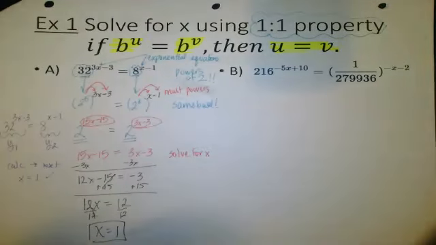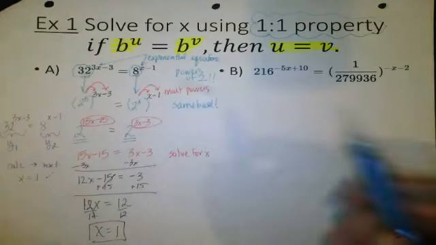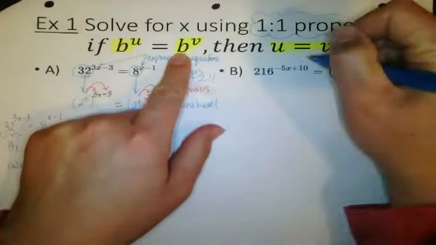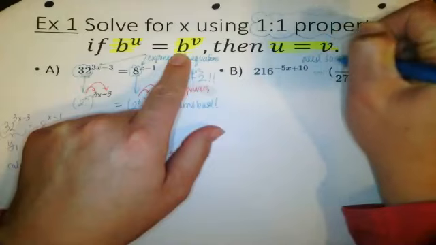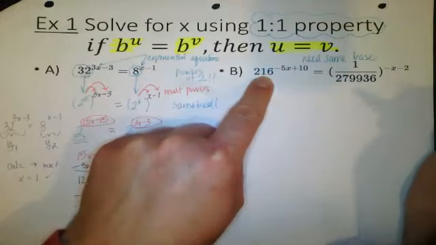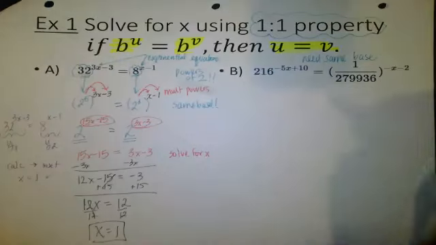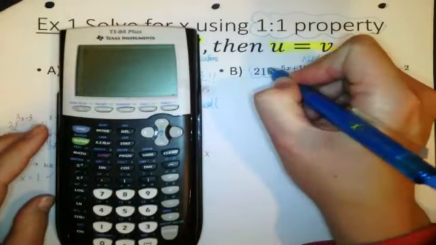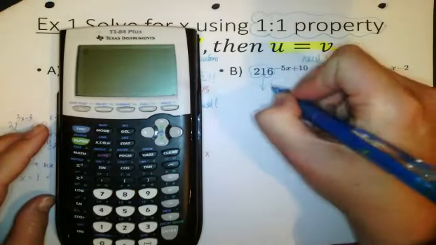Okay, same thing here. The first thing I'm going to do is start by rewriting so that we get the same base. We need the same base. So that's step 1. Now, 216 is pretty tricky, but I think it's a power of 6, right? So think about rewriting this base as a power of 6.